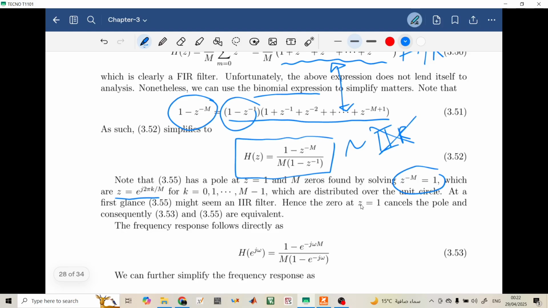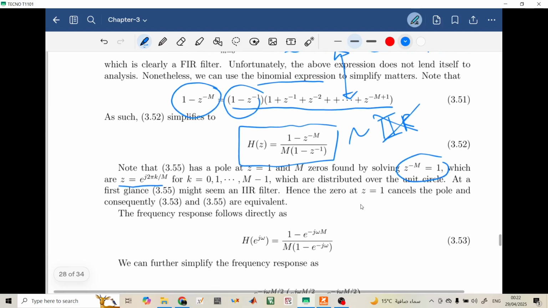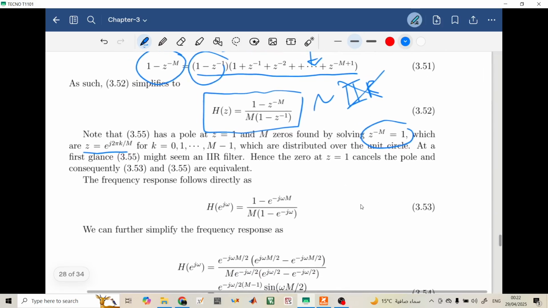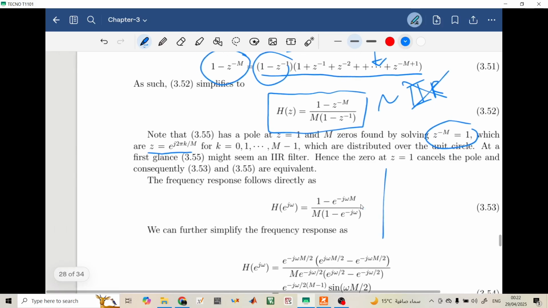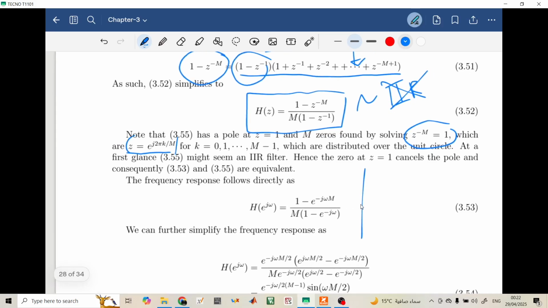Now the solution of such an equation, let's write it here. So what we're talking about is that we want to solve this equation, right?